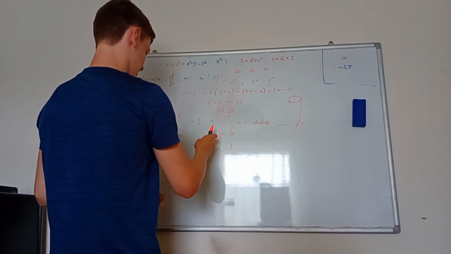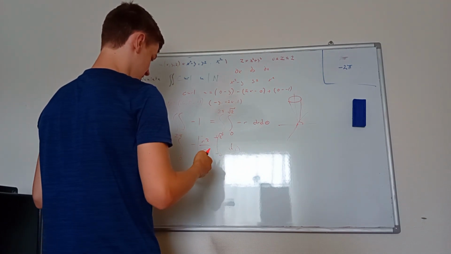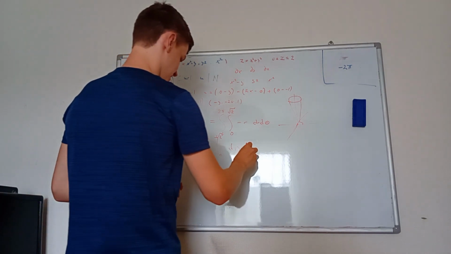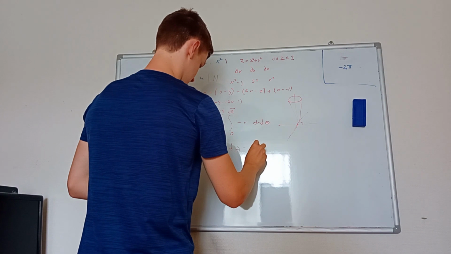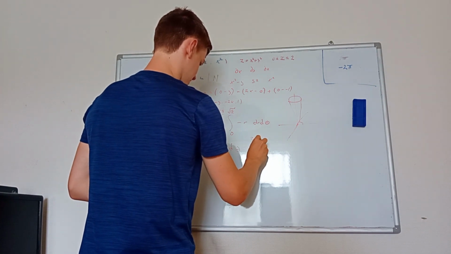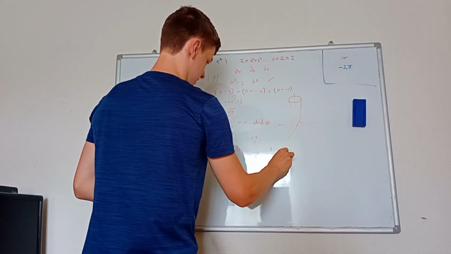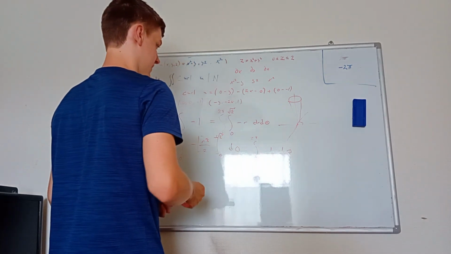So square root of 2 squared is 2. So we're going to have 2 over 2, which is 1. So it's just going to be the integral between 2 pi and 0 of negative 1 d theta.